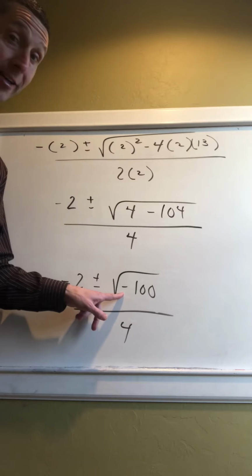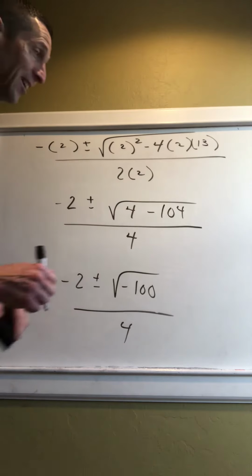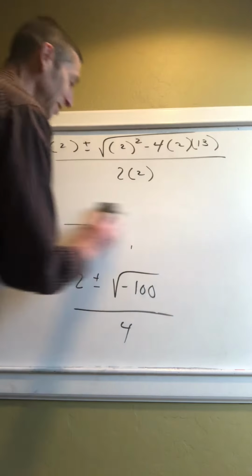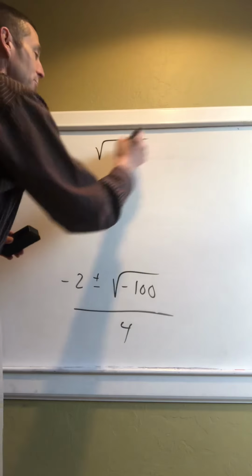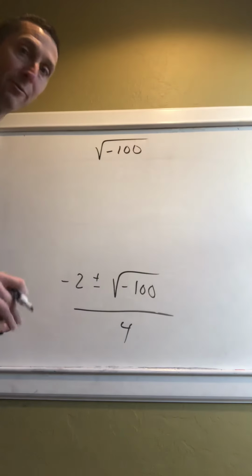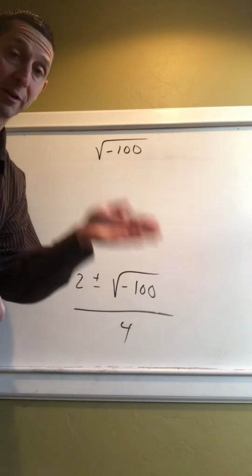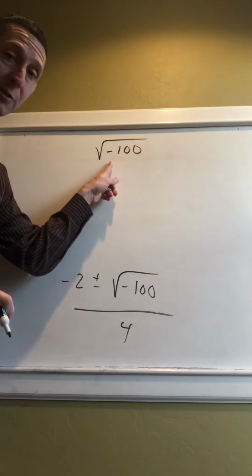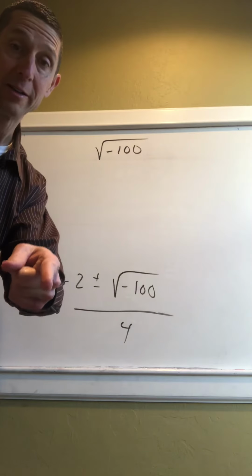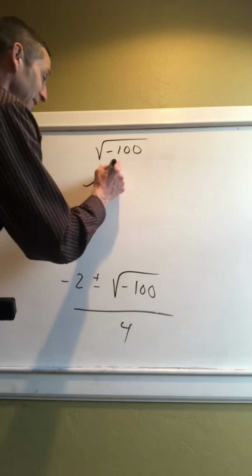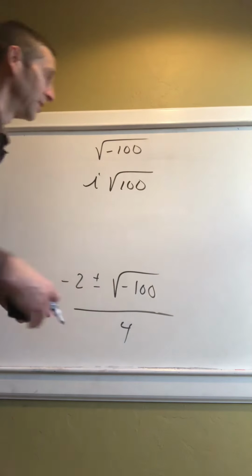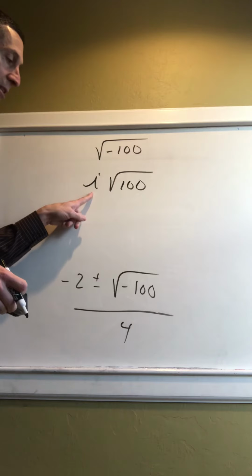You're like, that ain't good. So think about what this means to us. We have a square root of negative 100. So you say to yourself, when there's a negative inside the square root, what letter is fixing to show up? Oh, it's an I. It's definitely an I value. So this negative we rewrite as an I.